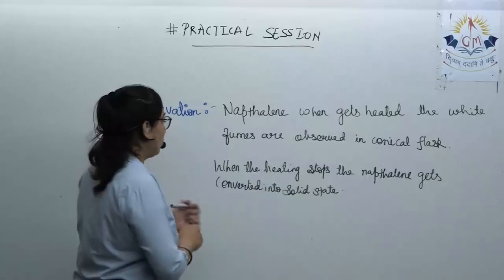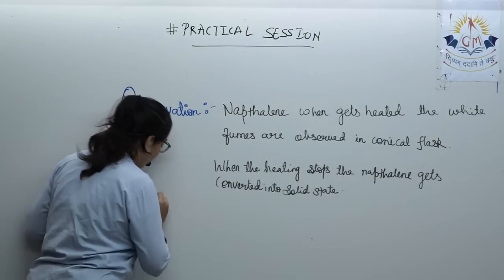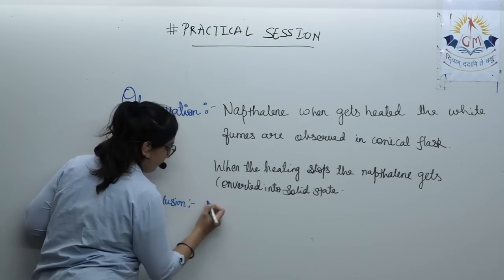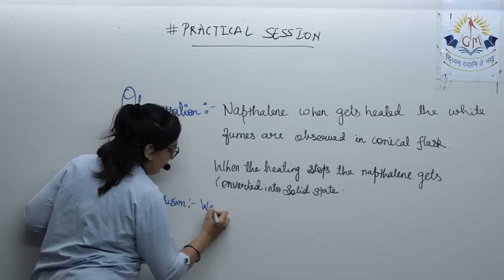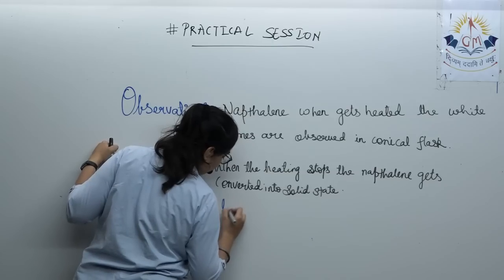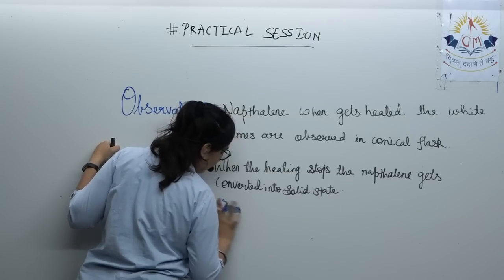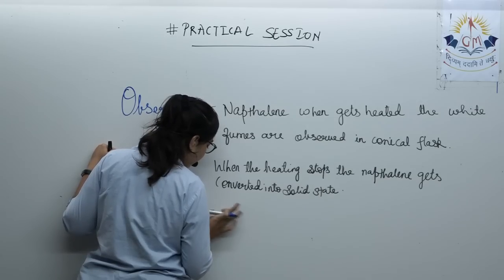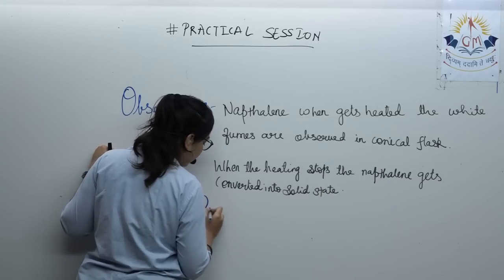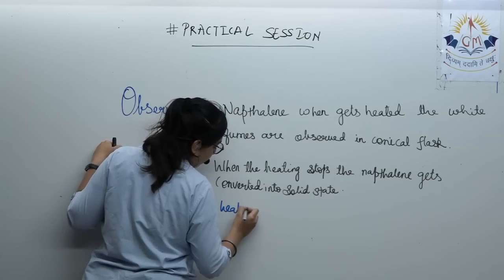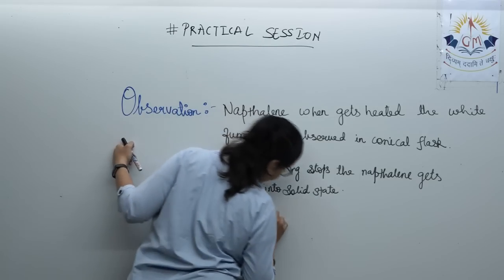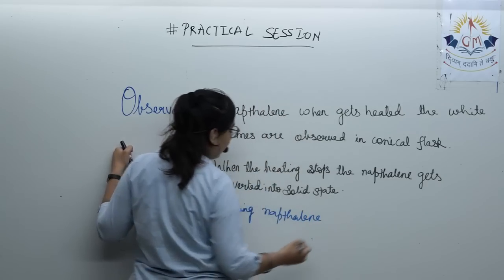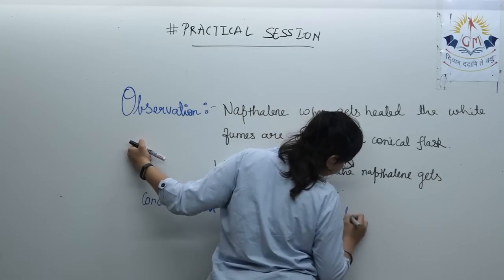Okay, so what can we conclude from here? What do we learn? We learned that on heating naphthalene, sublimation occurs.